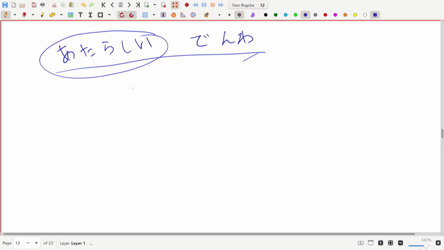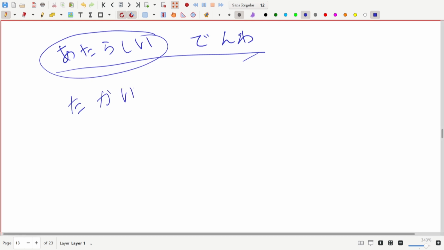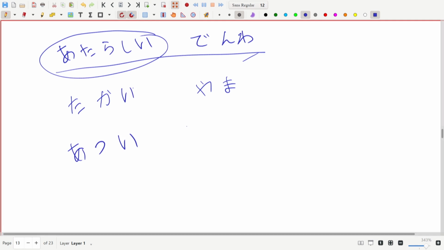So, atarashi denwa is new phone. If we say high mountain, then we can write takai yama. If we want to say a sunny hot day, then atsui hi.